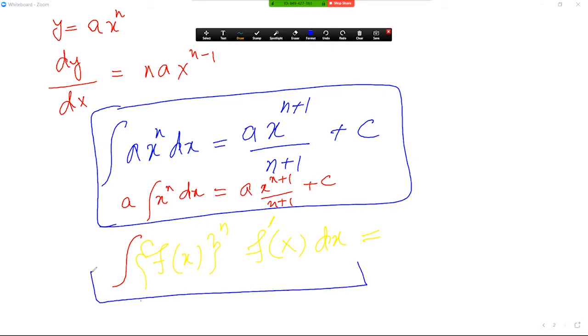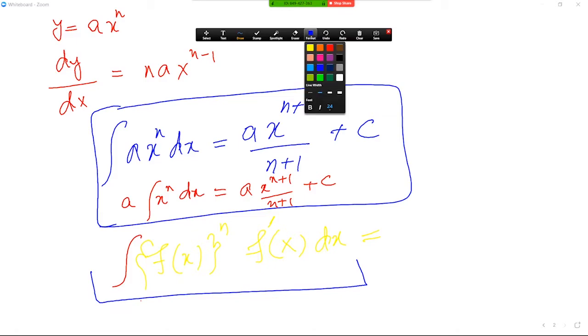This function which I wrote here. Any idea? No, I'm not sure. Okay, it's the same formula, but I have made it a little more complex. Let me show it in another way.